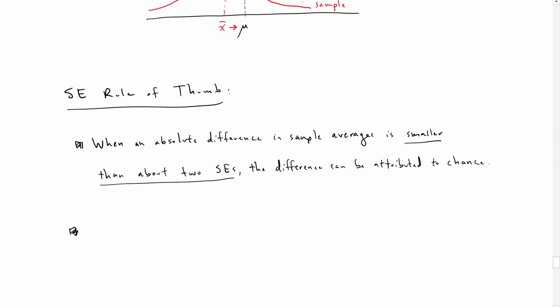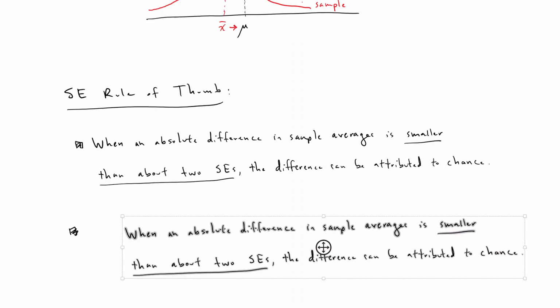So when the absolute difference, I'm going to actually just copy this. When the absolute difference is larger, let's do that. There we go.